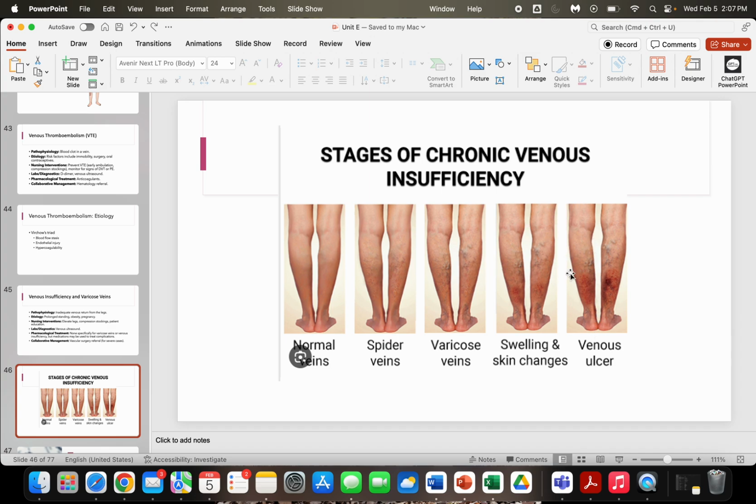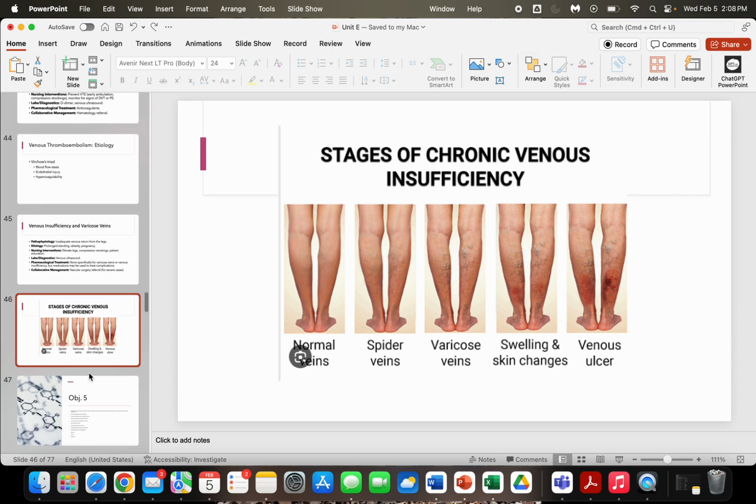So we're not getting the venous flow back up into the body like we should. Basically it's pooling in these vessels, right? And we're causing this outpouching. So if you'll note, there's a little bit of a difference between a venous ulcer and an arterial ulcer, but we do need to understand the difference in their pathophys, okay?